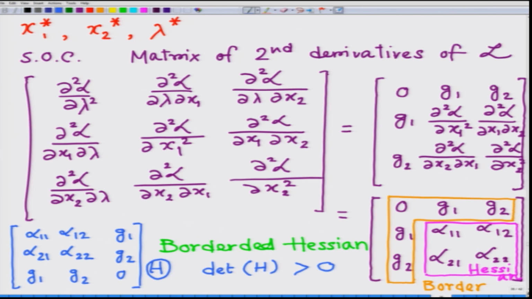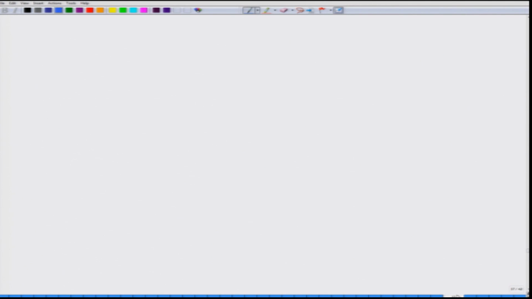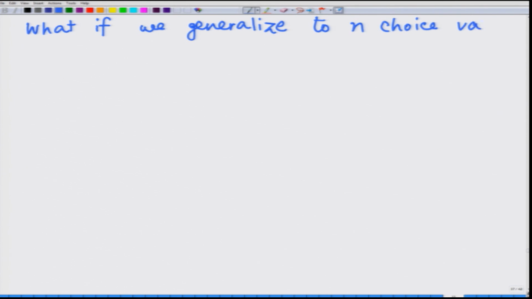Now, we have discussed a 2 variable 1 constraint case. What if we generalize to n choice variables? Then how are my first order condition and second order condition going to change?